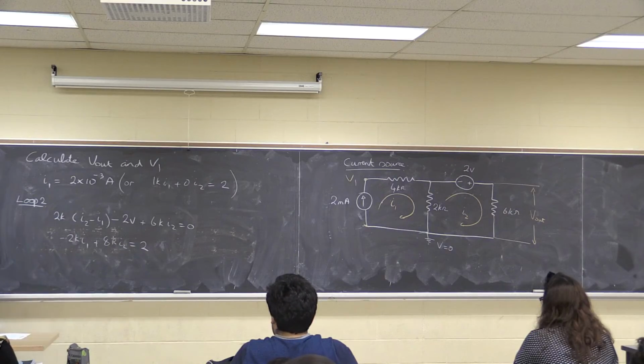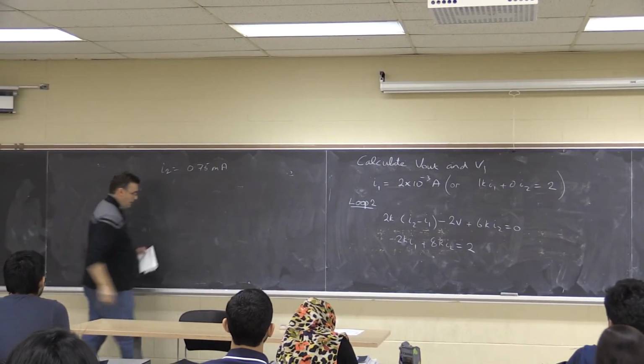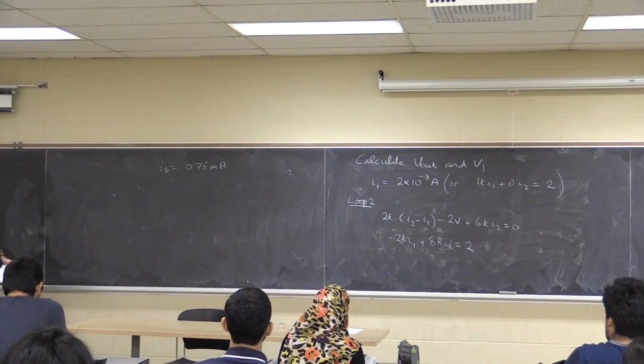Okay, so if you do that, I get I2 equals 0.75 milliamps by solving those two equations.